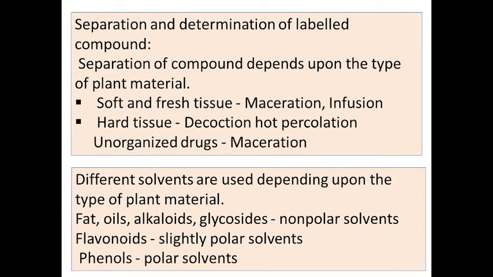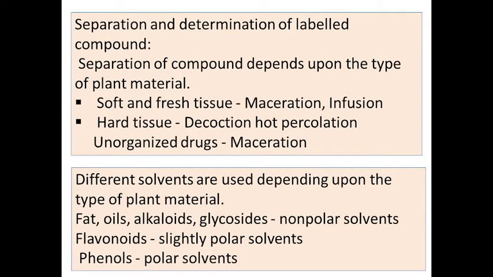This maceration process is modified to lower down the time period of 3 to 7 days. Double and triple maceration techniques are used. In double maceration, the crude drug material is macerated with solvent for 1 hour, and that filtrate is taken.